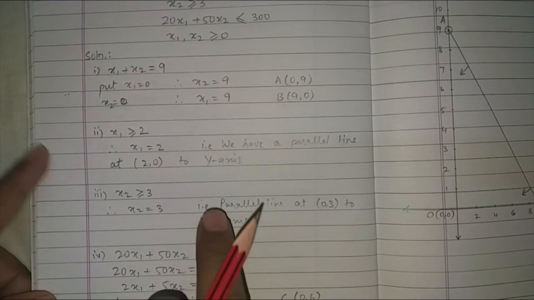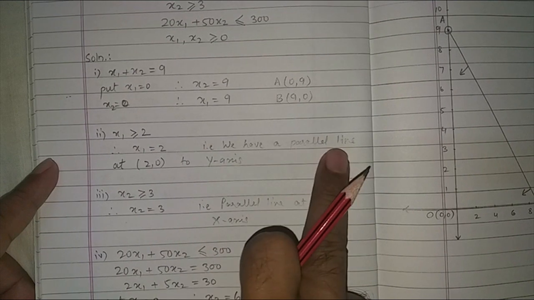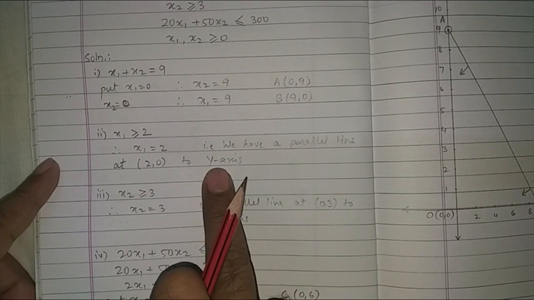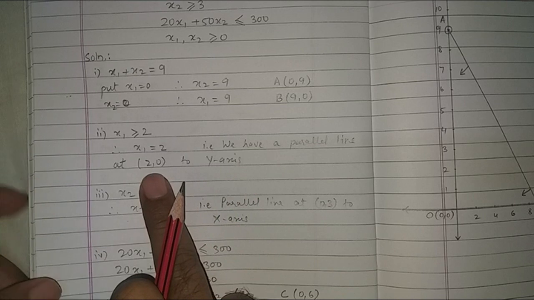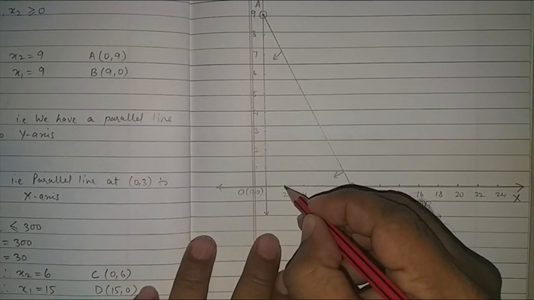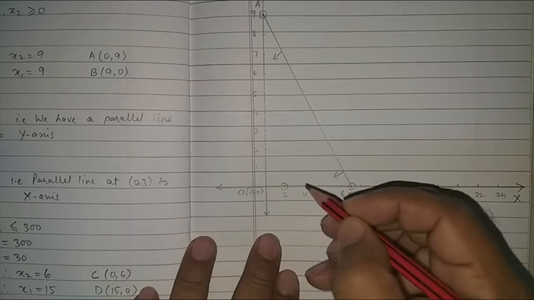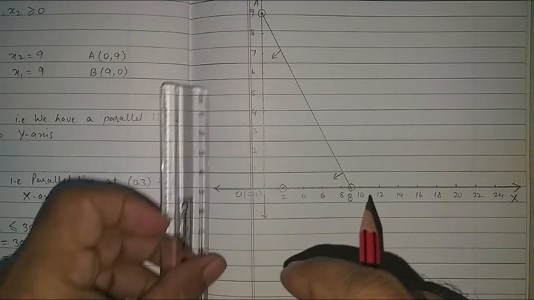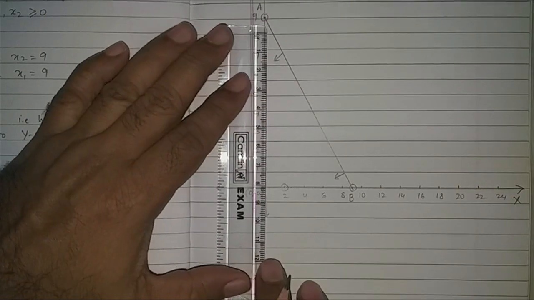Let us see the next one. Here, we have a parallel line to your y axis. So the point is 2 comma 0. So this is my point 2 comma 0, and I'll be drawing a parallel line.